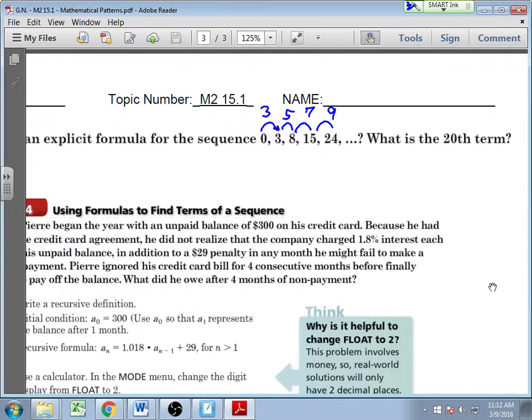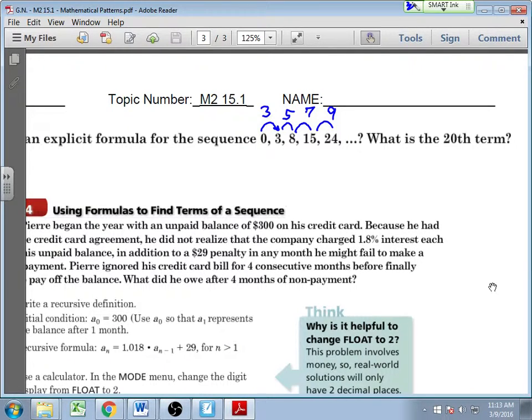Ooh. So Greg is thinking every time I'm going up, when my second level change is consistent, it's an indication of either quadratic or exponential, that sort of relationship. So Greg realized, think about the squares and take away 1.